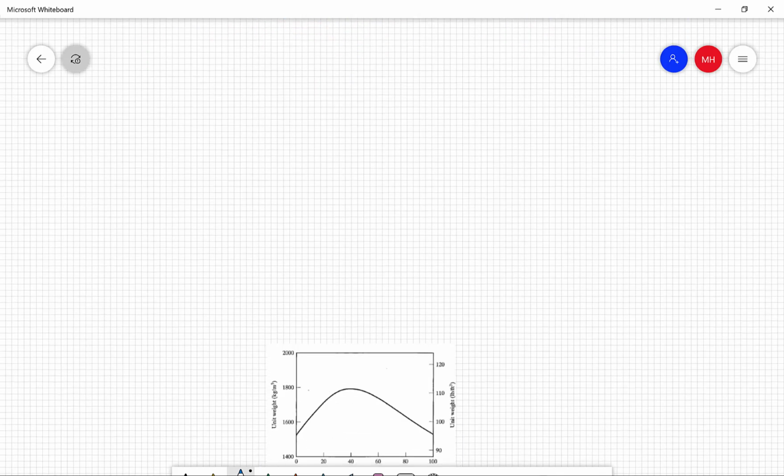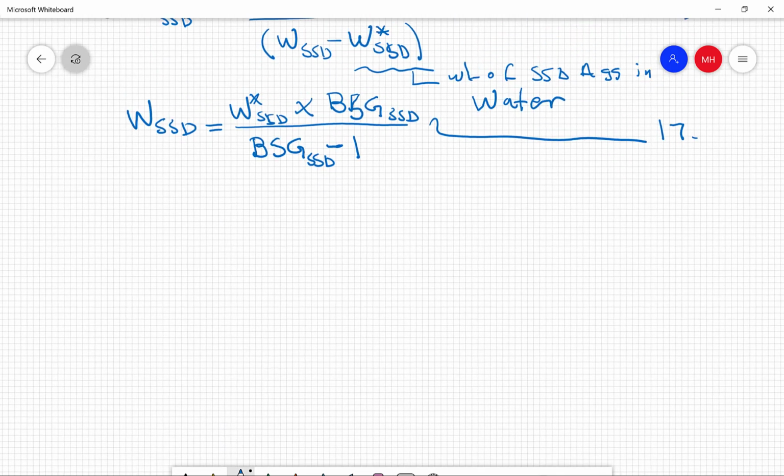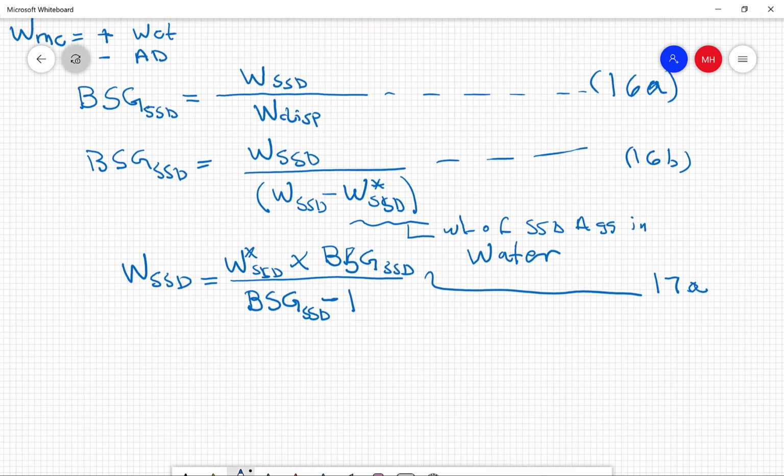Let's call this equation 17A, because we are going to have a variant of it. So this equation 17A, we can use it to solve for the weight of the moisture content in equation 15. Where is equation 15? Right here.